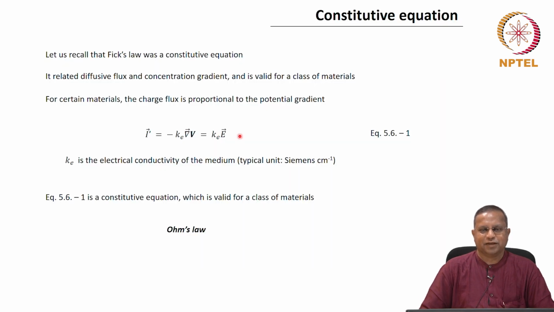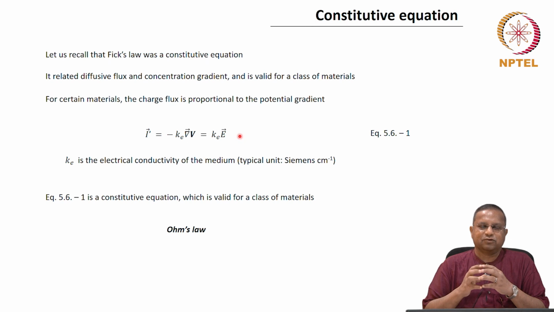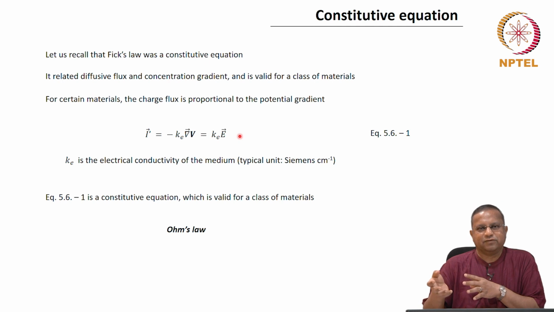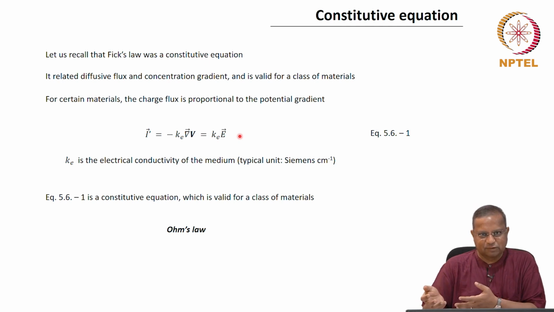I think we have seen quite a few things today. In this class, we have seen the differential forms of Maxwell's equations. We used two theorems from mathematics, Gauss's theorem and Stokes theorem, to go from the integral forms to the differential forms. Then we looked at the equations as relevant to biological systems, which have a medium.